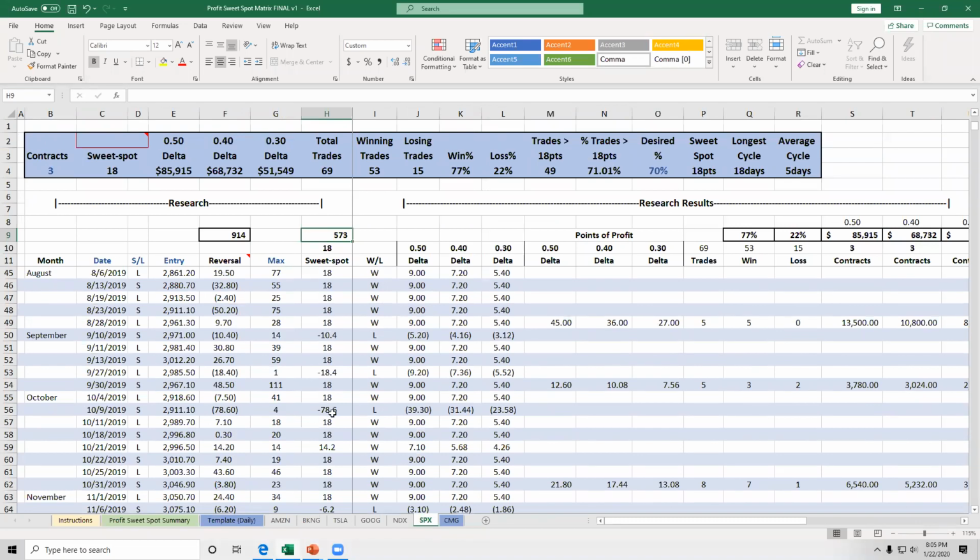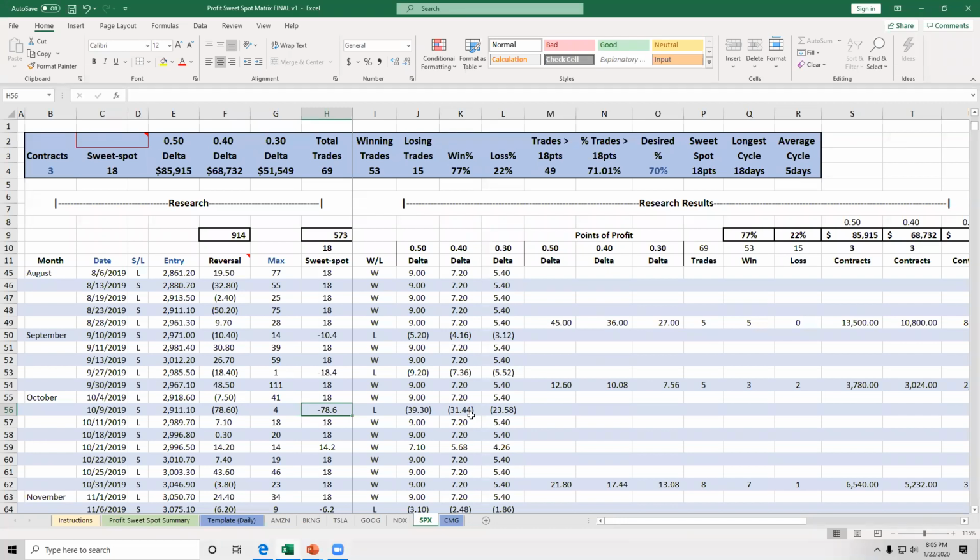Here on SPX, the biggest loss was a 78-point reversal. Now, if you're trading a 40 delta, that's a $31 loss. Well, you start adjusting because you want to eliminate that. Well, go ahead. But then you've got to go back and redo all of the data.